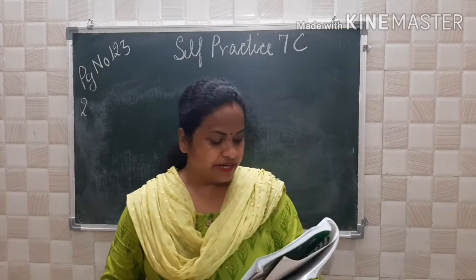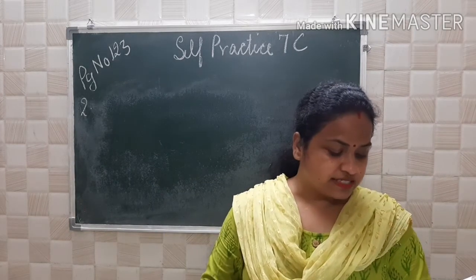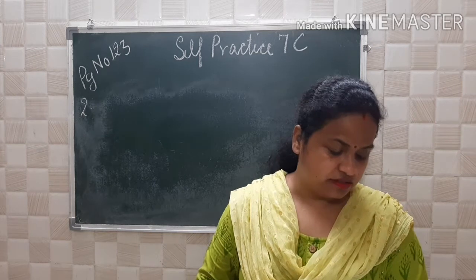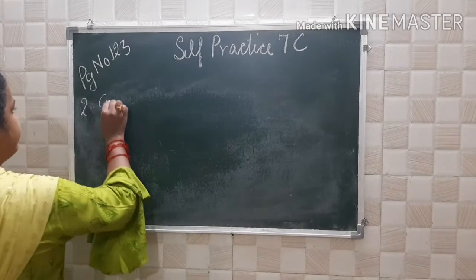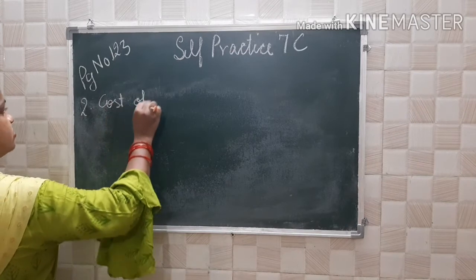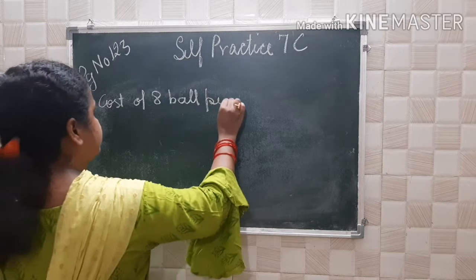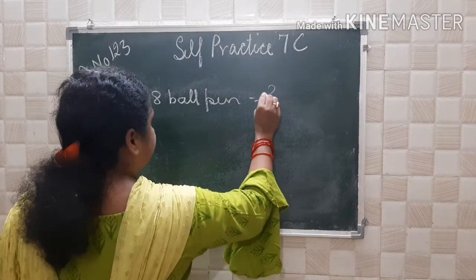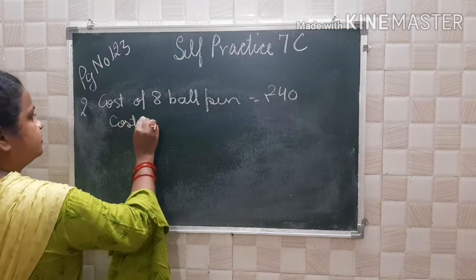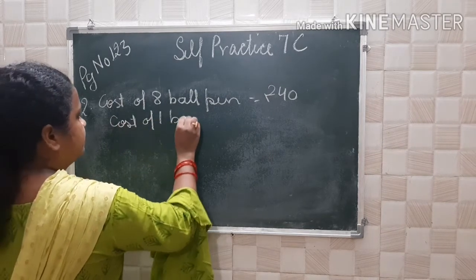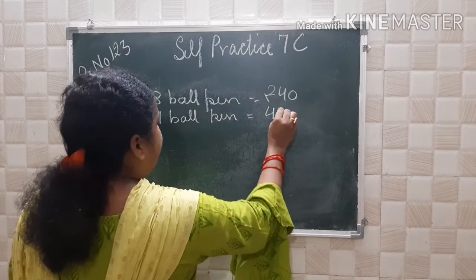Same way, see question number 2. If 8 ball pens cost rupees 40, how much will 20 ball pens of the same cost? The same way: the cost of 8 ball pens is rupees 40. The cost of 1 ball pen is 40 upon 8.